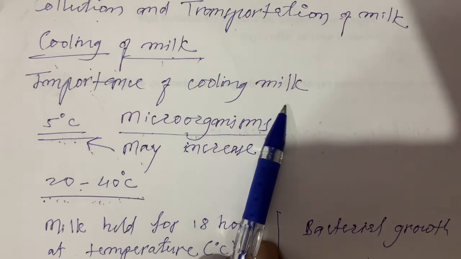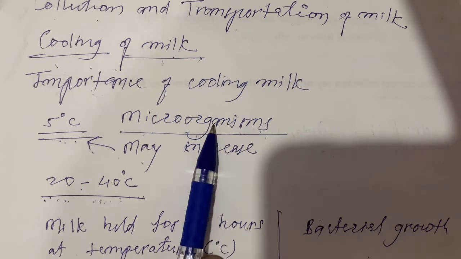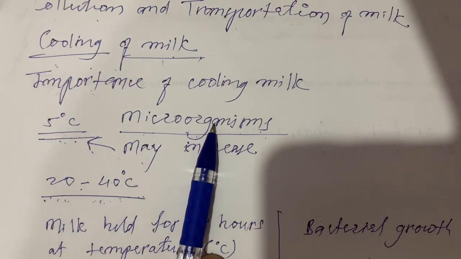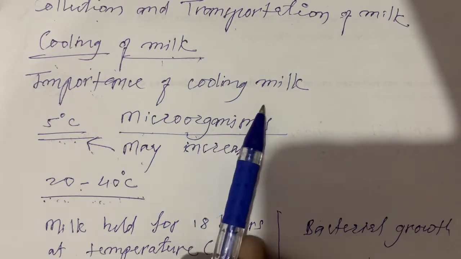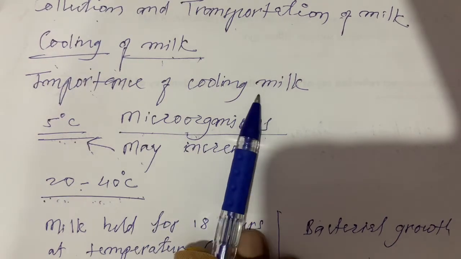The milk contains some microorganisms when drawn from the udder. Their numbers increase during the subsequent handling. It means that the fresh milk generally contains microorganisms.